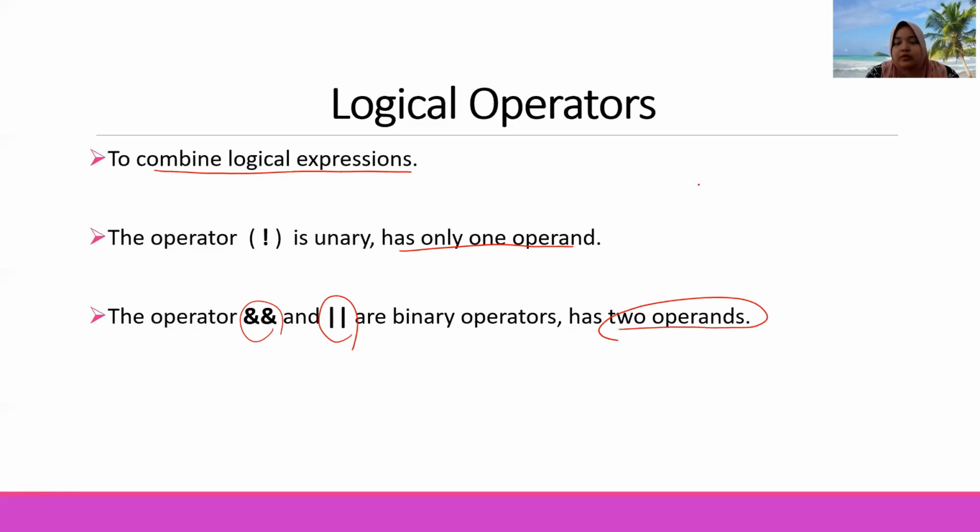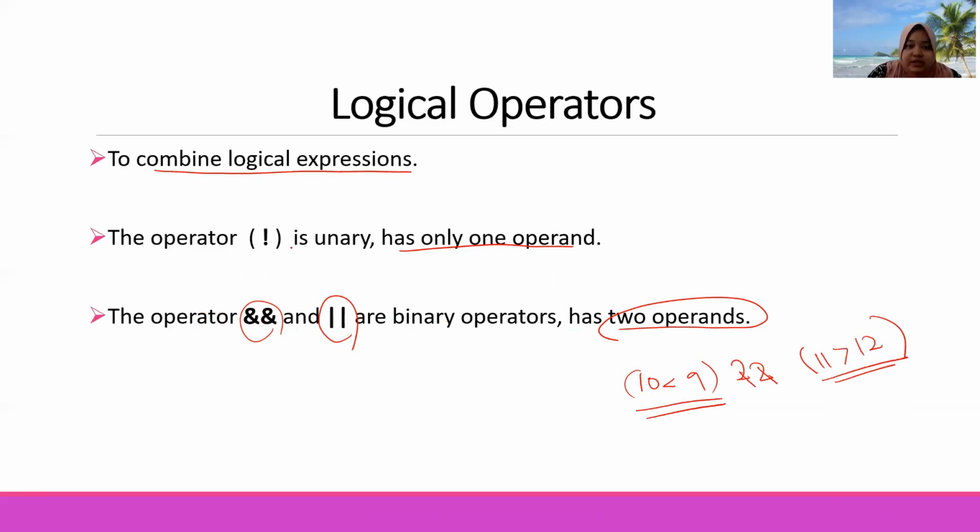Apa maksud operand tu? Operand ni adalah this one lah, contoh 10 less than 9. Okay, you nak combinekan another operand, you use the and then for example 11 more than 12. So this is what we know as the operand.